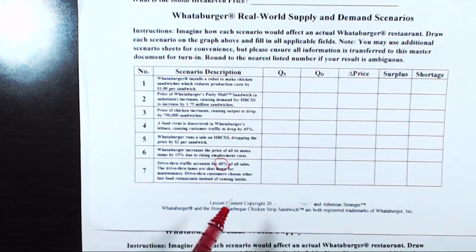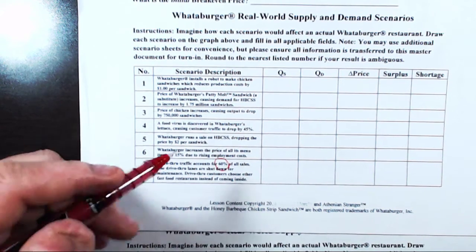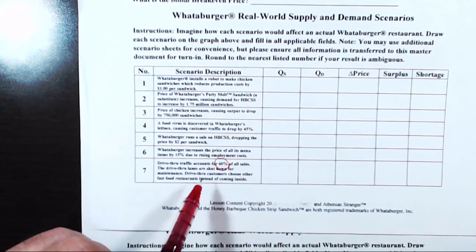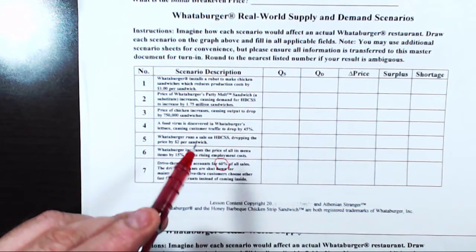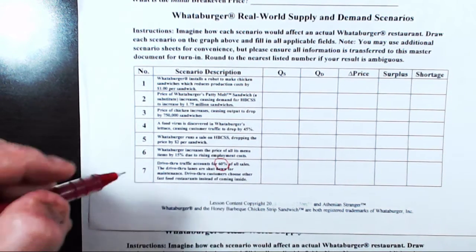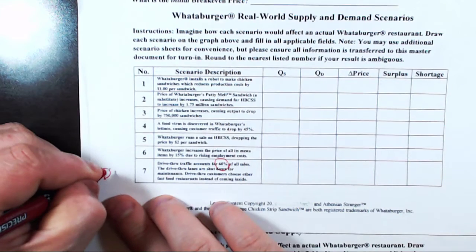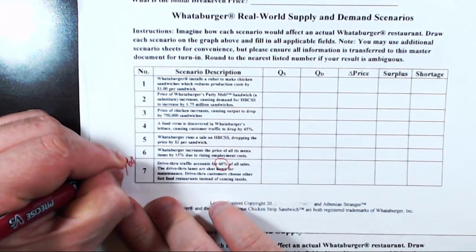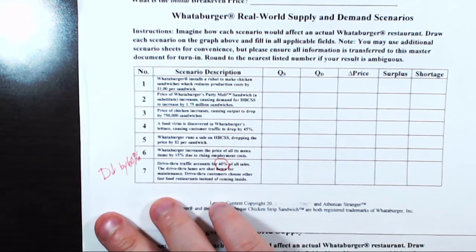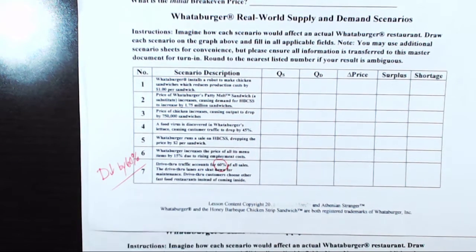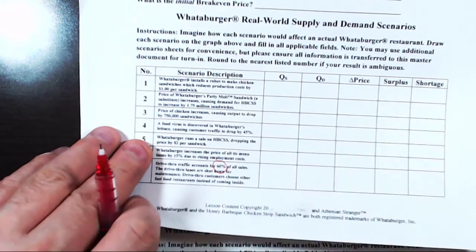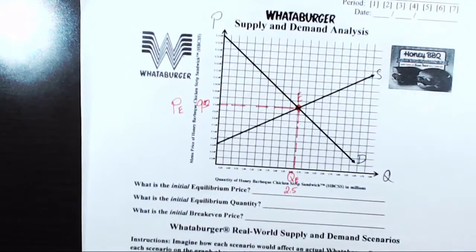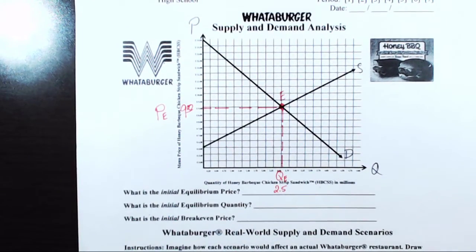Okay, Burger King, Jack in the Box. They're going to go somewhere else. Okay, so what we're saying here is that we have a drop in demand. We're going to say that demand will decrease by 60%. That's what's going on in this example. If you can see that, then you're kind of on your way. That was the trick with this example, is to recognize that drive-through traffic meant demand.